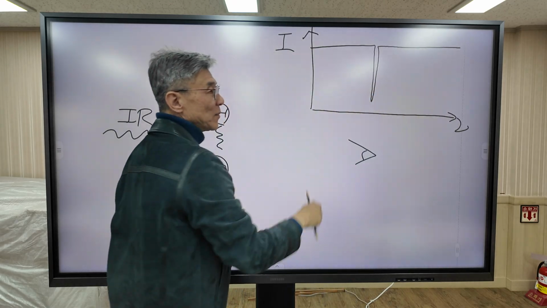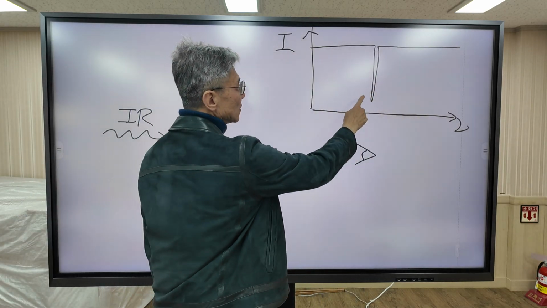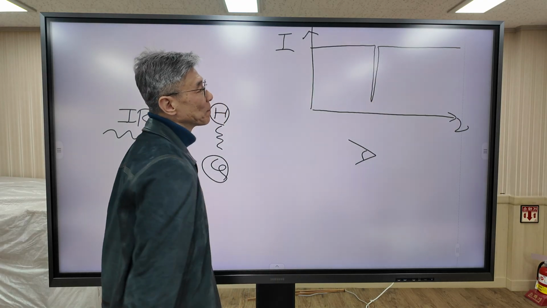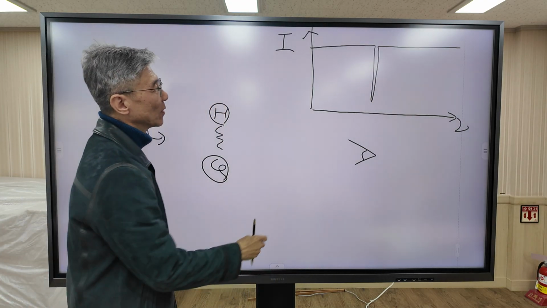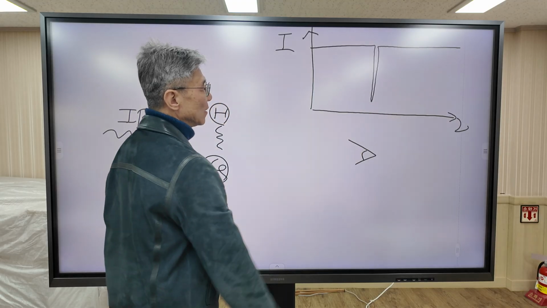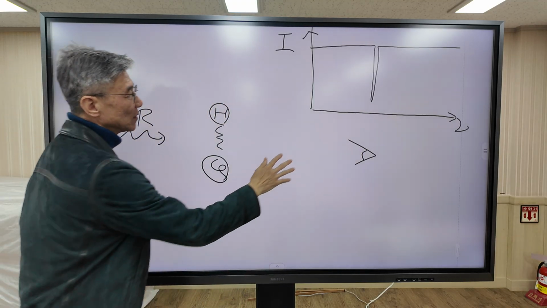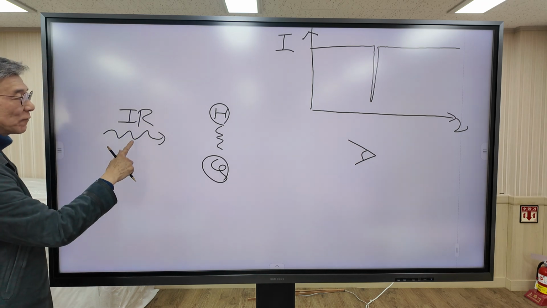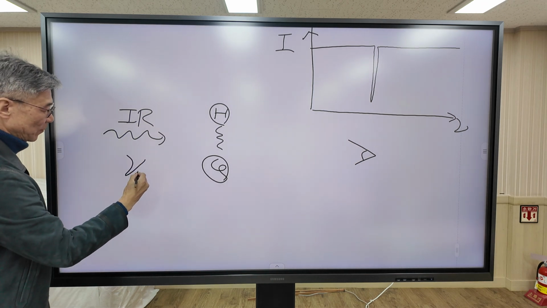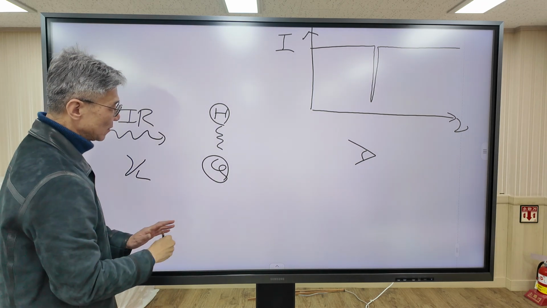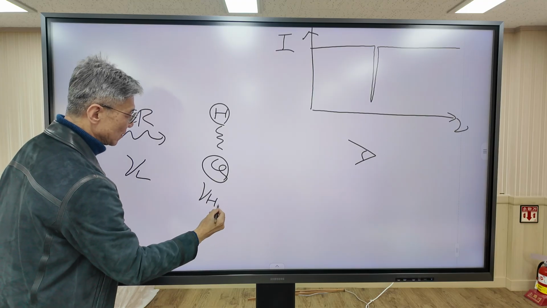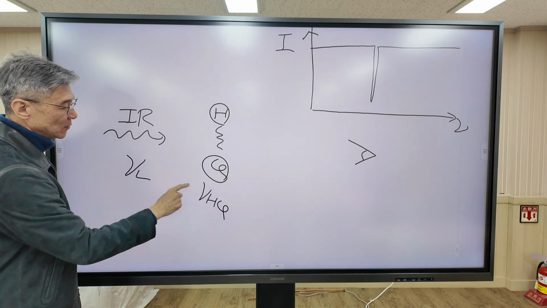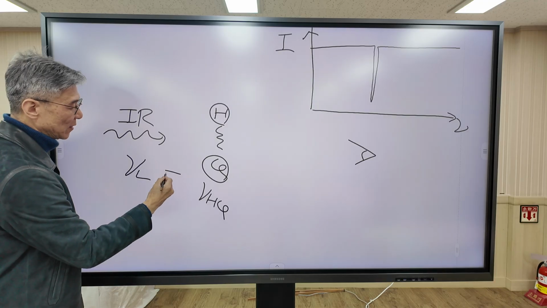As you can see in the spectrum, at certain frequency, a strong absorption occurs. This happens when the frequency of light exactly matches the frequency of the vibration of the molecule.